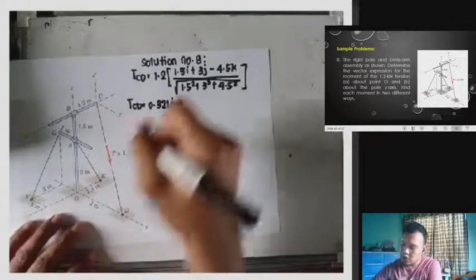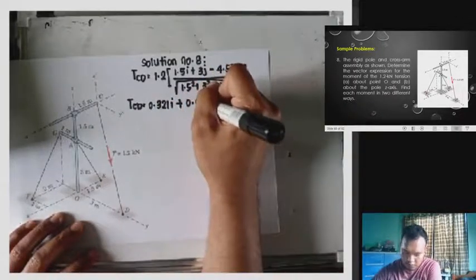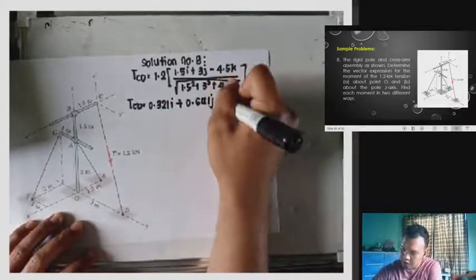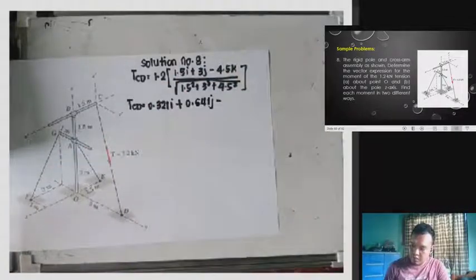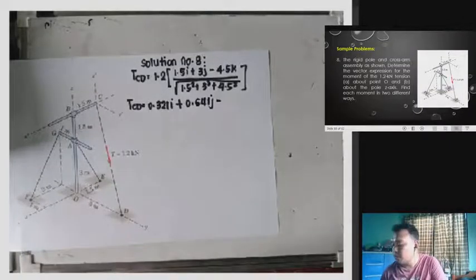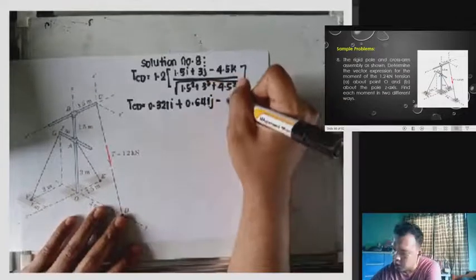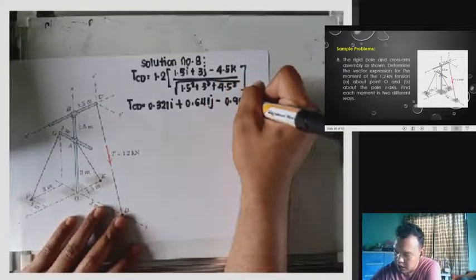We have here 0.641j minus 1.2 multiplied by negative 4.5 all over the square root of 1.5 squared plus 3 squared plus 4.5 squared. We have here 0.962k.